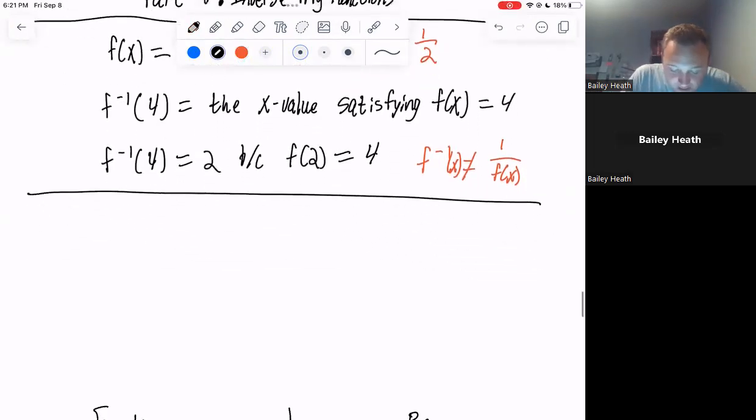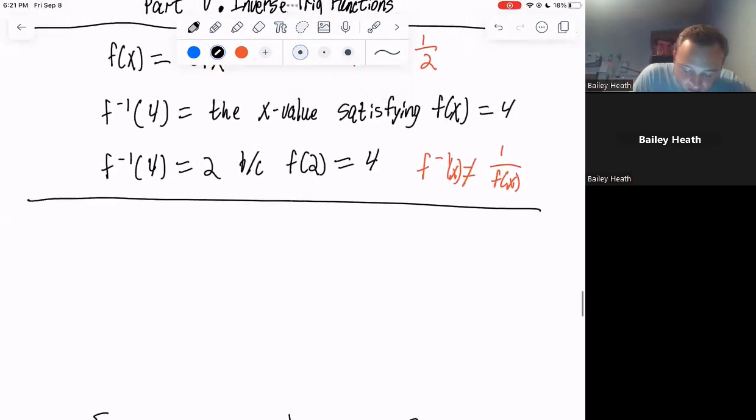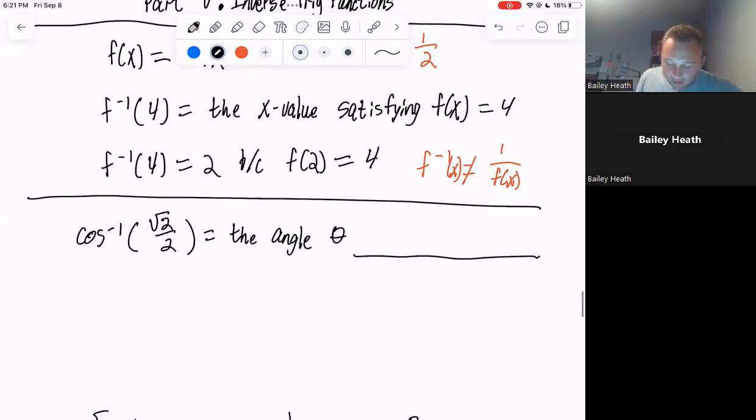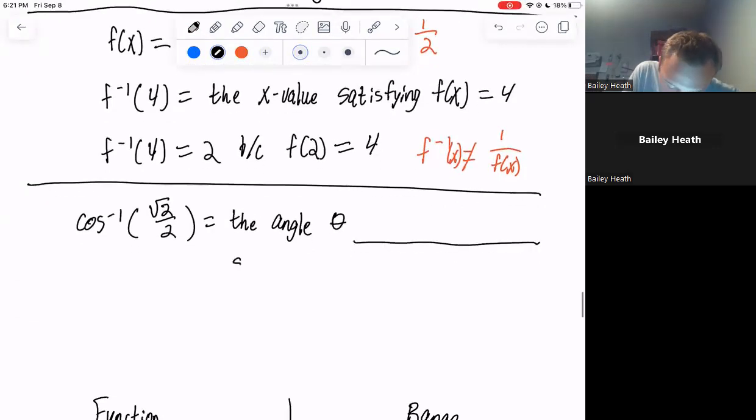With that said, let's bring some trig into it. So let's say that I asked you for cosine inverse of root 2 over 2. Okay, what is this? This is equal to the angle theta. I'm actually going to leave a blank for that. I'm going to come back and fill it in in just a moment. I'm going to put that there to remind myself there's a blank. The angle theta satisfying cosine of theta equals root 2 over 2.